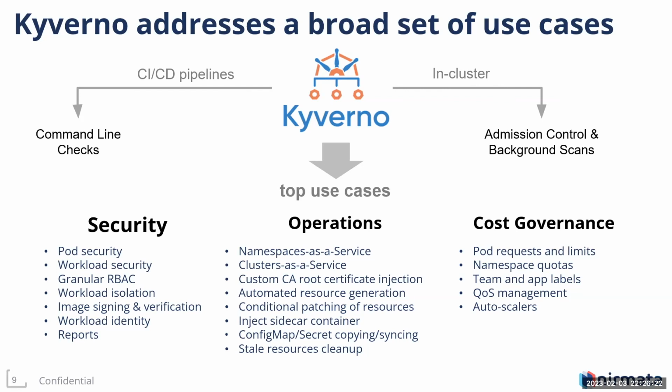So Kyverno is able to help there as well with being able to set things like those quotas when you generate namespaces, being able to watch for things like load balancers that are going to have cost ramifications, and setting basic things like requests and limits, both from a validation and a mutation perspective, and a lot more. But cost is a domain that has to be considered, especially when you run in the cloud, as I'm sure you all understand and appreciate.